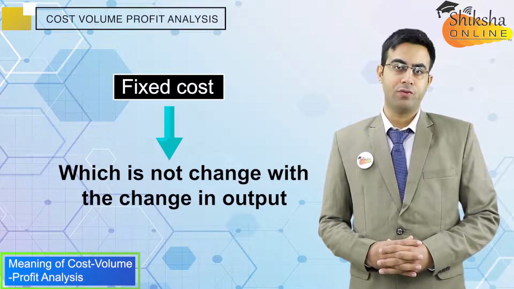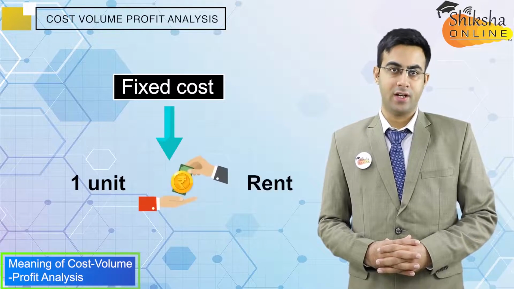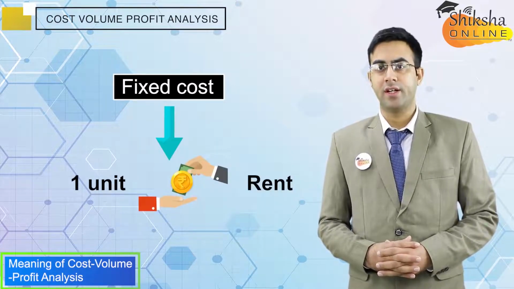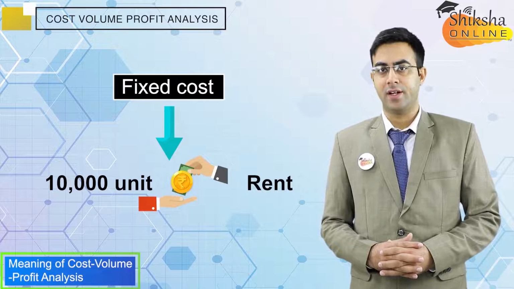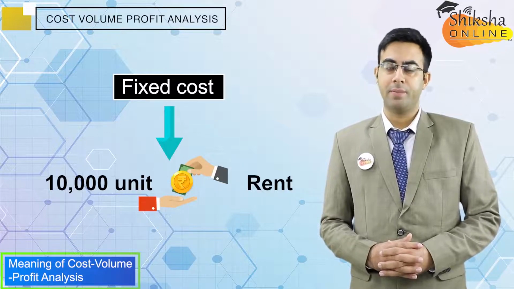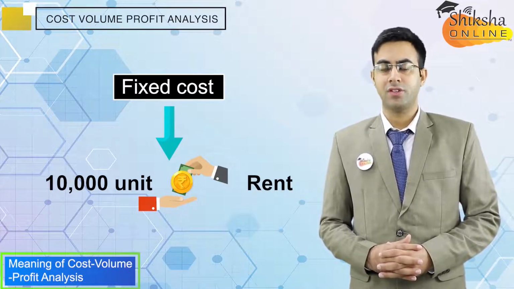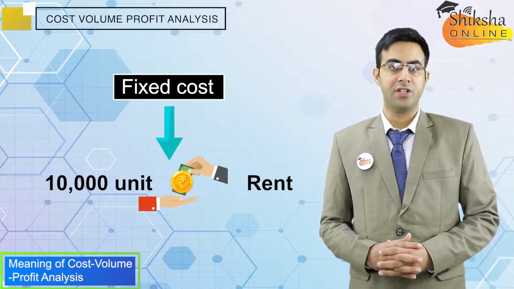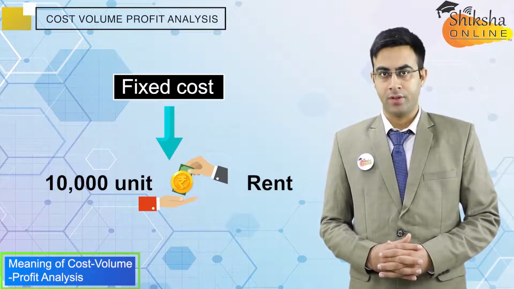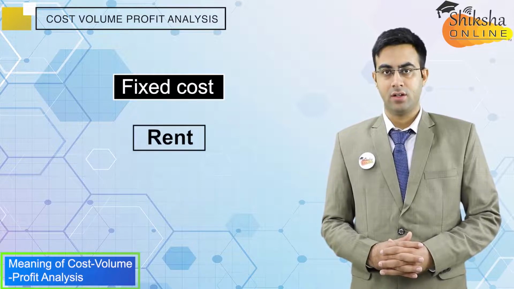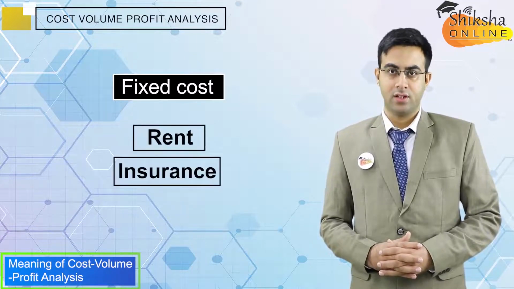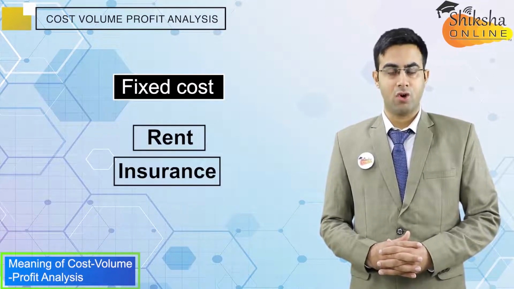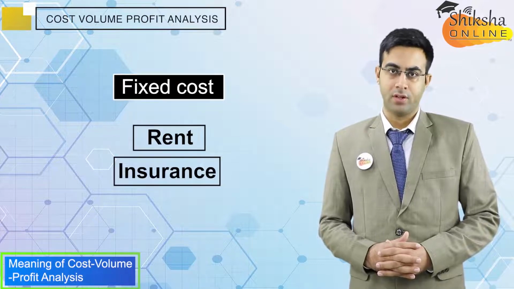Even if I produce 1 unit, then I have to pay the rent. Even if I produce 10,000 units, then I have to pay the rent. The amount of rent will remain the same. So fixed cost is the cost which does not change with the change in the level of output. For example, rent, insurance, all these expenses are called fixed cost.